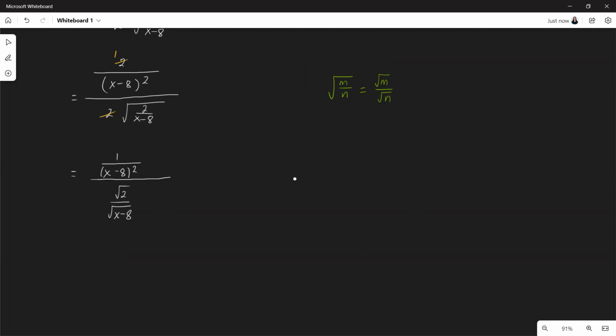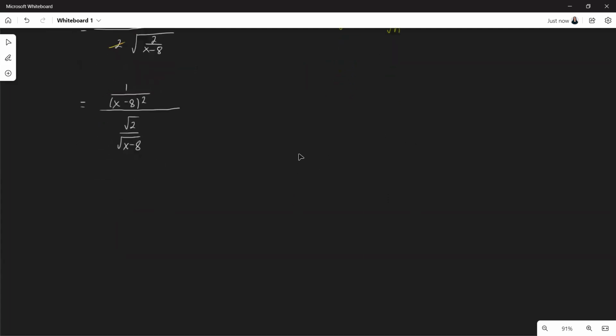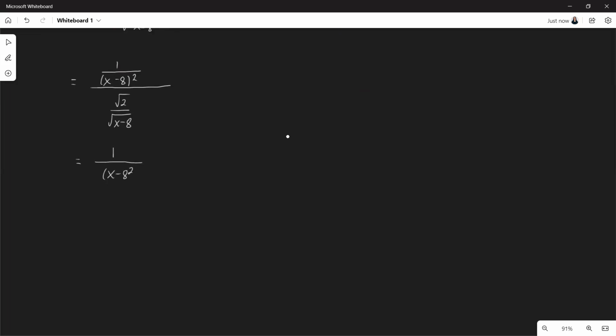Then we have a complex fraction. We simplify a complex fraction by multiplying the reciprocal of the denominator with the numerator. So this is the main numerator. We copy it and then multiply it with the reciprocal of the denominator. The reciprocal of this is square root of x minus 8, so just interchange the numerator and denominator of this fraction.